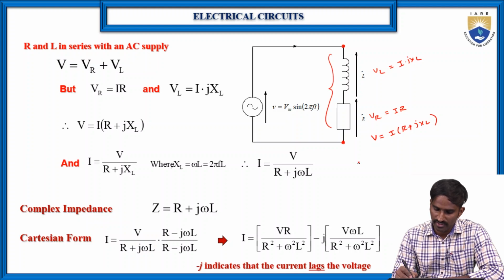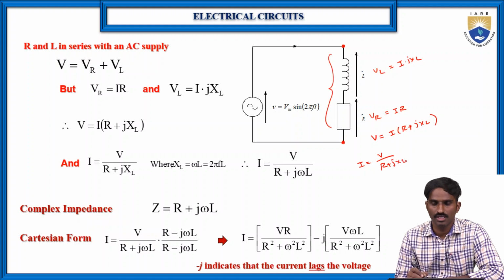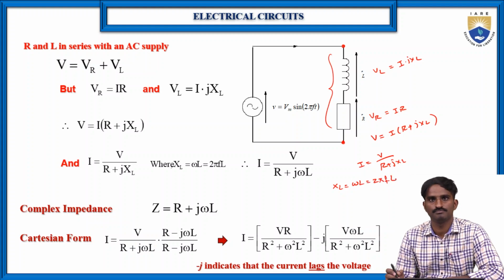From this we can find I is equal to V by R plus J XL. And we know XL is equal to omega L, or in other words 2 pi F into L.